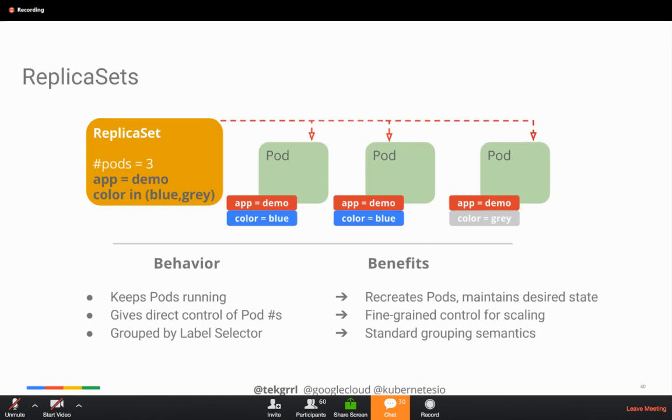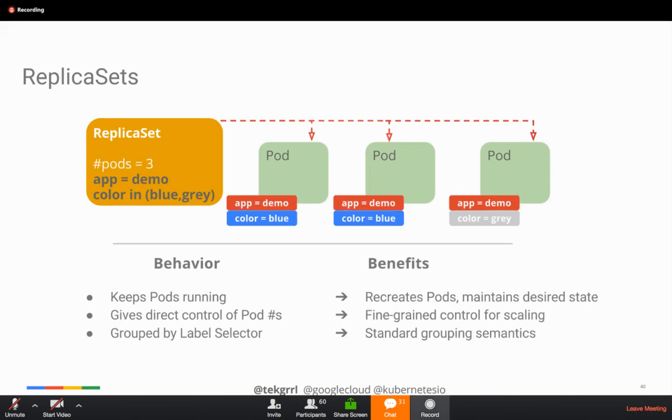So in this case, we have 3 different pods with effectively 2 different labels. The replica set probably didn't create all 3 of these. It probably created the first 2, and it is managing the last one, because it has a slightly different label configuration. But effectively, what we're saying here for the replica set is, I want 3 of these. This is my template. Please make sure there are always 3 of these running at any given time.